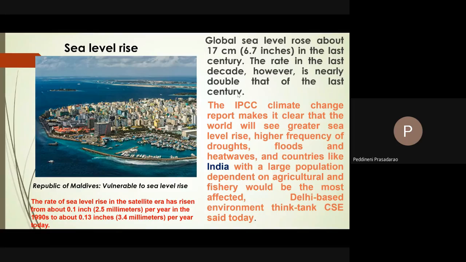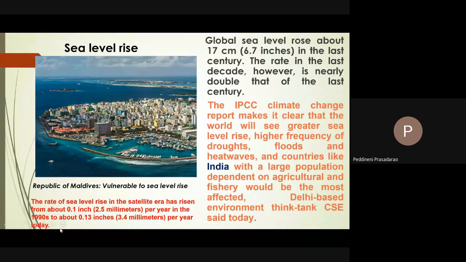It is said that 0.3 to something like 3 millimeters per year is the rate at which they are increasing. The rate of sea level rise in the satellite era has risen from 0.1 inch per year in the 1990s to about 0.13 inches per year today.